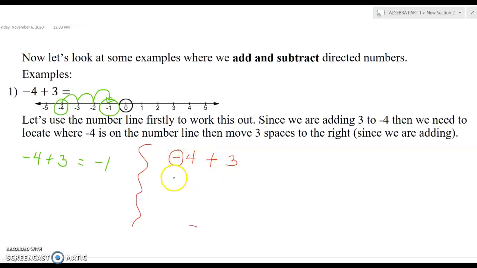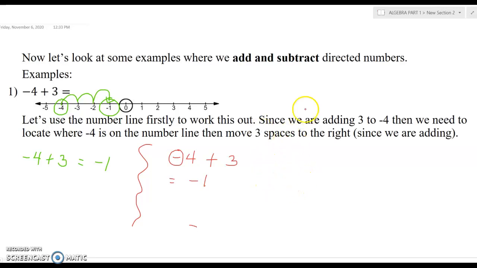What does 4 take away 3? 4 take away 3 is 1. And you put back the sign of the bigger number. So 4 is the larger number and the negative sign is in front of it, so you put the negative in front of the 1 to get negative 1. That could be a little bit confusing. So if you know it's confusing, draw your number line.